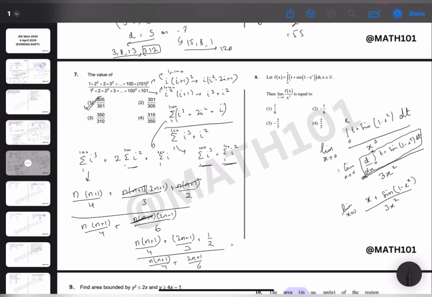We'll again apply L'Hopital's rule, limit x tends to 0. Derivative of the numerator would be 1 plus cos of 1 minus e to the power x, over 6x.